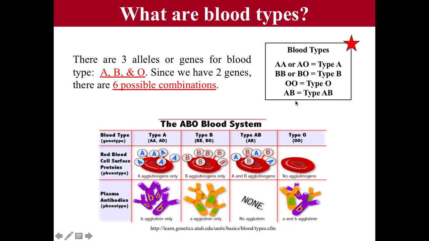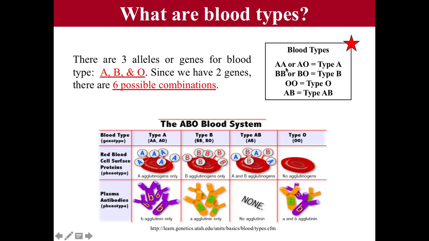Okay, so 6 different combinations of genes result in 4 different blood types in the ABO blood system. There are different types of blood systems that can be considered, but the one that we're going to look at for the most part is the ABO. If your genes are either AA or AO, you have type A blood.